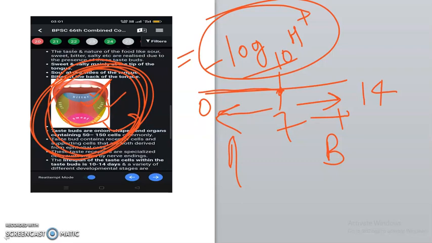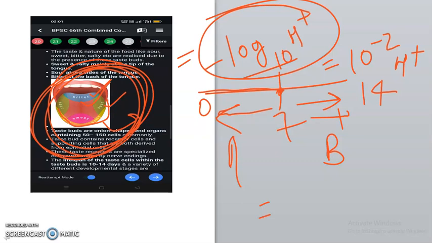So, minus log base 10 of H plus. They can give you the H plus ion concentration, and then you have to find the pH value. If they say this solution contains 10 to the power minus 2 H plus ion concentration, what will be the pH value? It's simple.